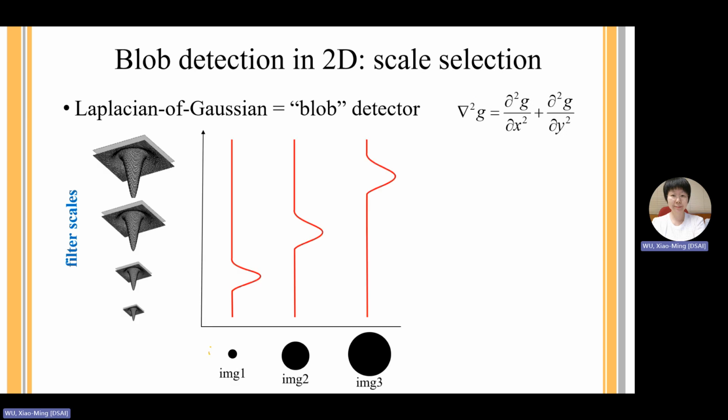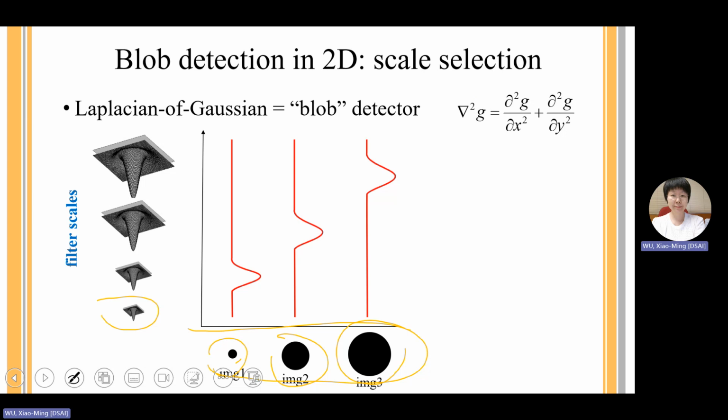Now we have blobs of different sizes, right? We have a tiny blob, a medium blob, and a large blob. How can we identify all those blobs simultaneously? You cannot apply a single LOG filter.